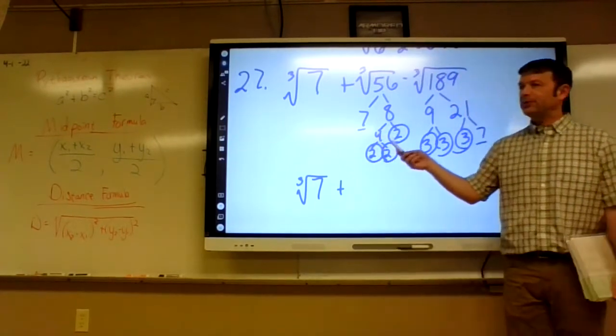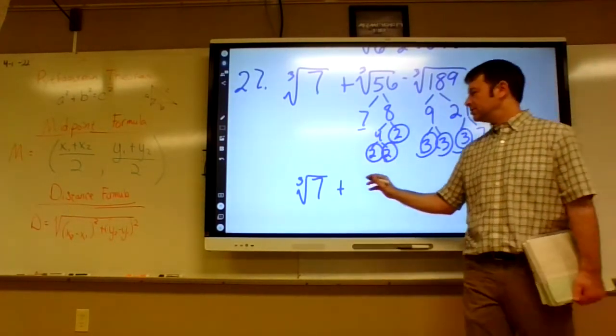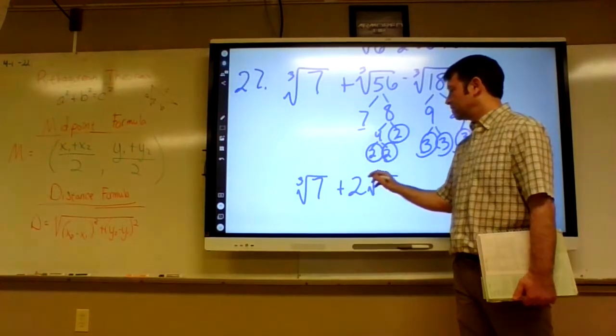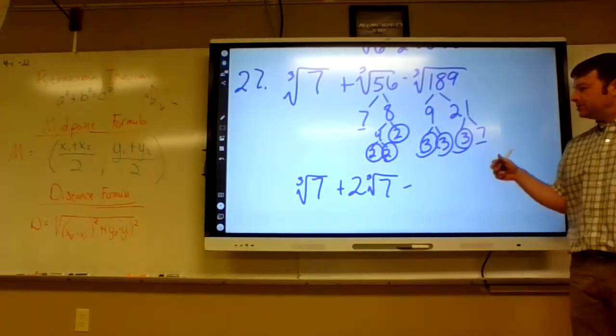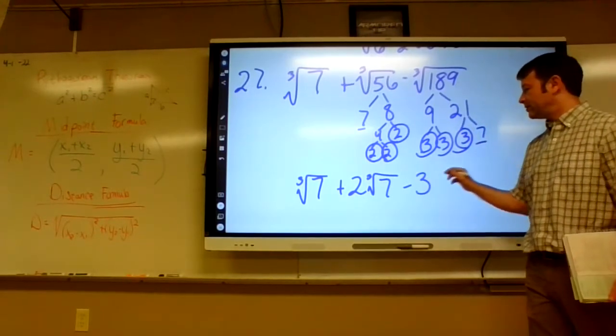What's this middle term going to become? 2 cube root of 7. Minus what? 3 cube root of 7. So the triples come out.